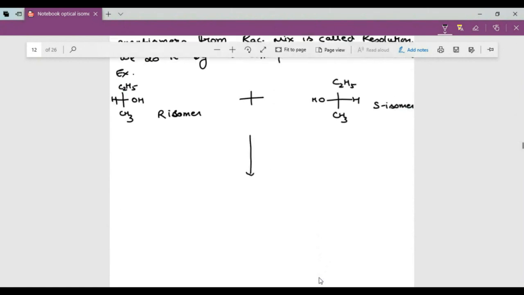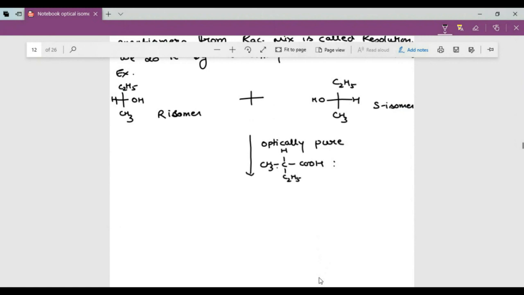I will treat it with an optically pure, either R or S, chiral carboxylic acid. You cannot take all possibilities, either R or S. So let me take CH3, H, C2H5, COOH.